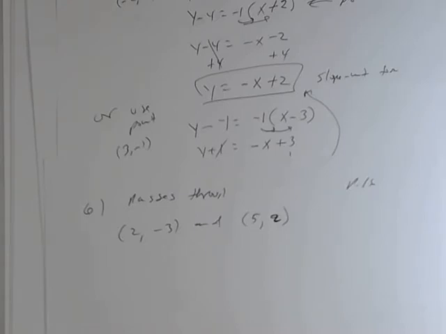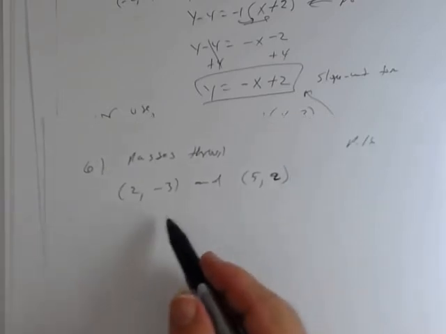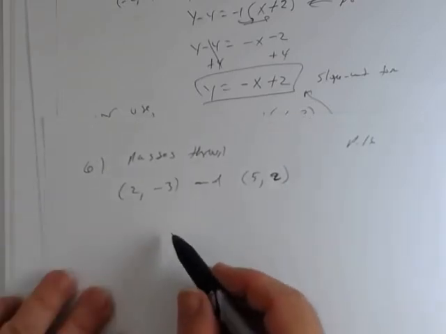So if I'm going to find the equation of the line, I must always know what about that line? The slope. So I got to find the slope. I don't know the slope, but I am given 2 points.